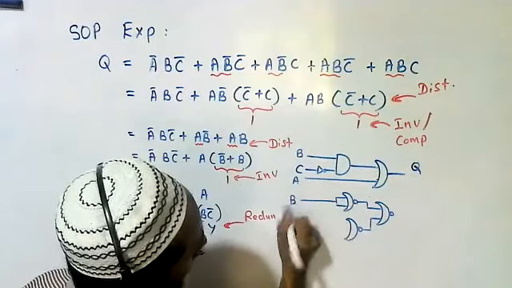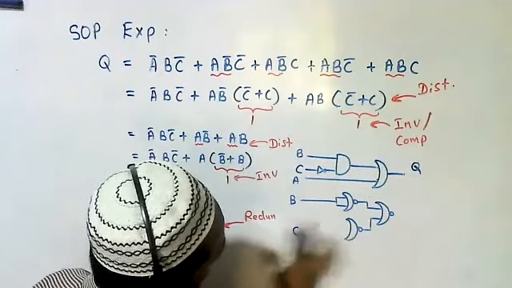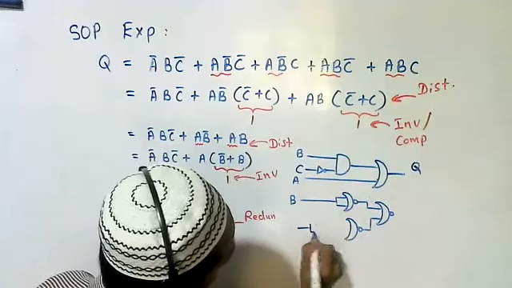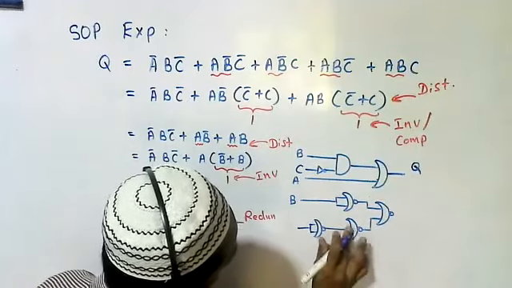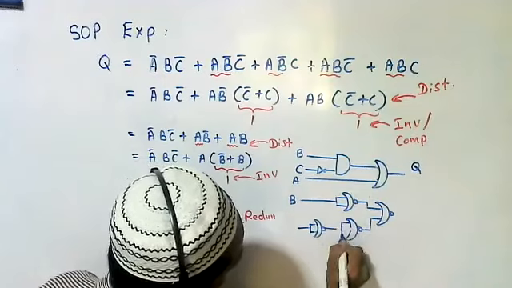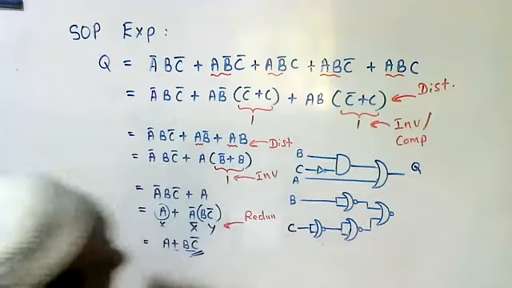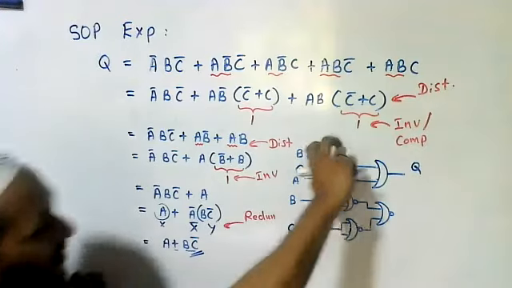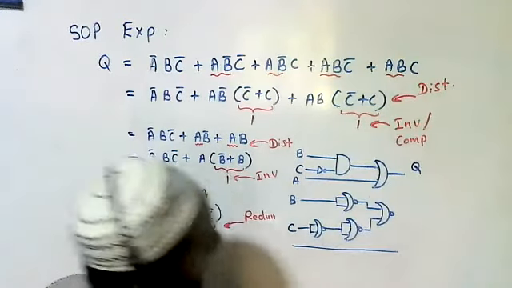This is B and C. A NOT gate is there. Like this, B, C, right. So this part is completed and A comes from here.